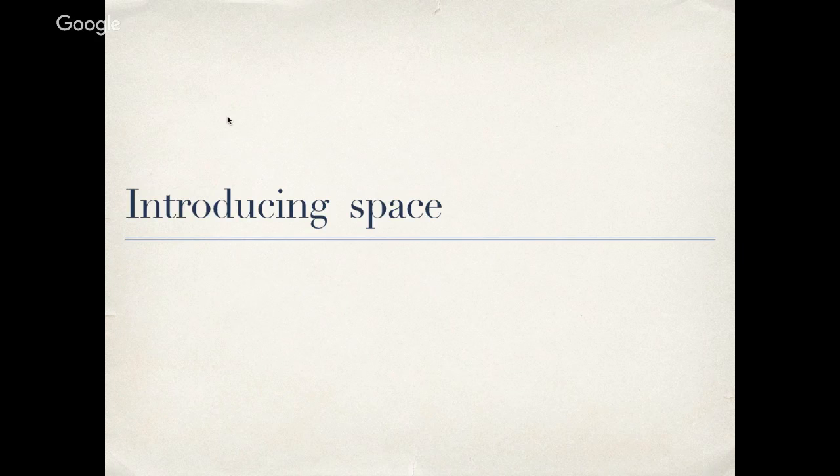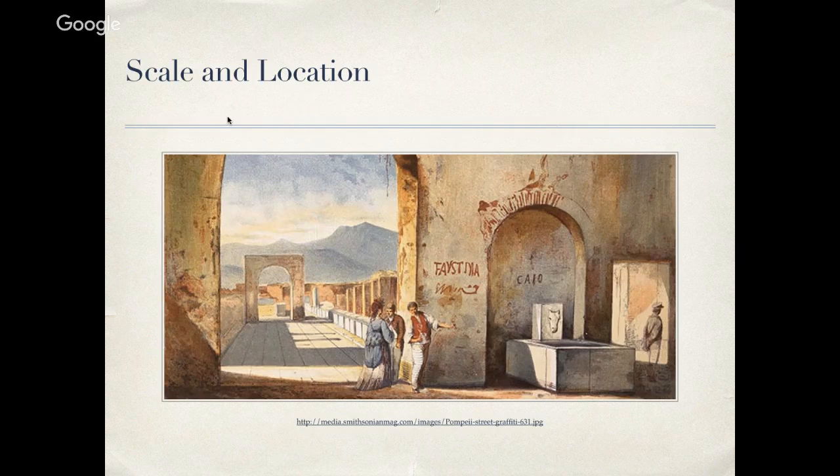So I will just mention a couple of the most crucial elements that define space, some of the spatial information that we can put into our representations of the past, and how this information can change and enhance our understanding of the past. So for example, let's talk about scale.